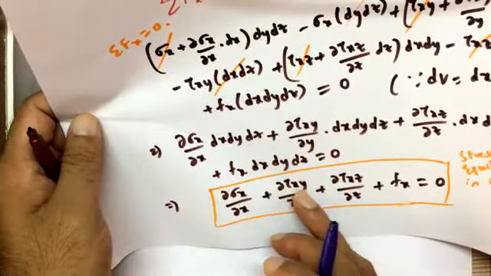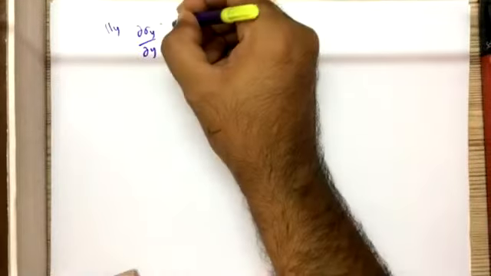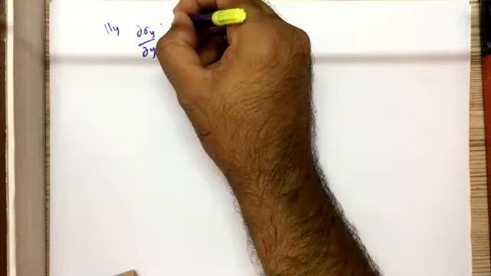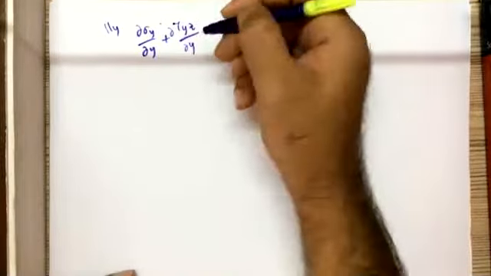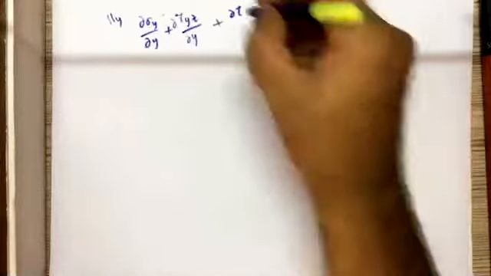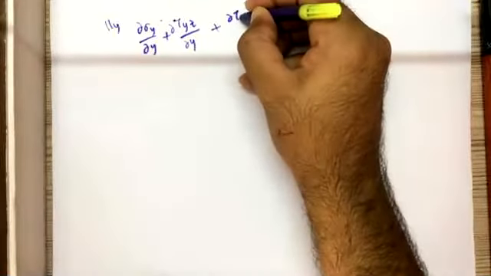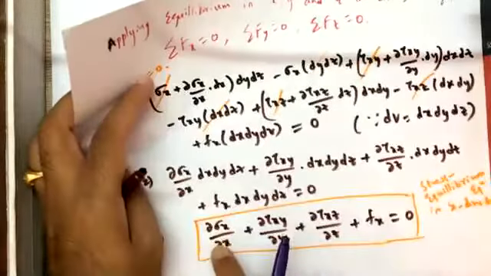X is already over, so the other term is y, so I have to start with y. So ∂τyz/∂y plus ∂τ, it becomes yx, right? See, you just look at the pattern, you will understand.